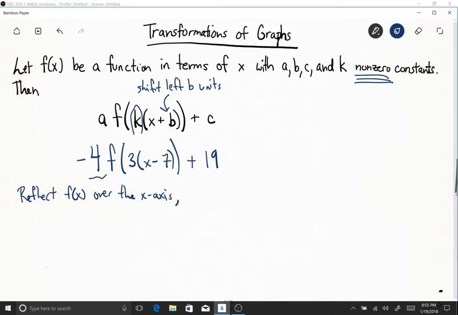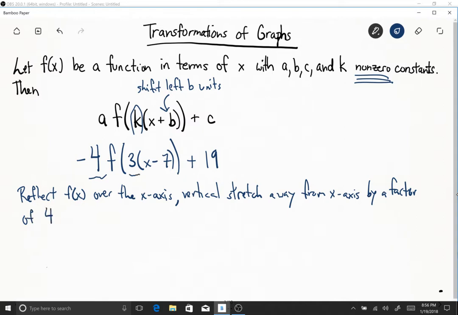Well, that's a greater than 1 scenario, so that's a vertical stretch away from the x-axis by a factor of 4.